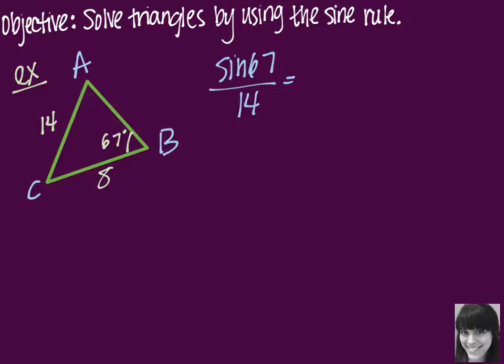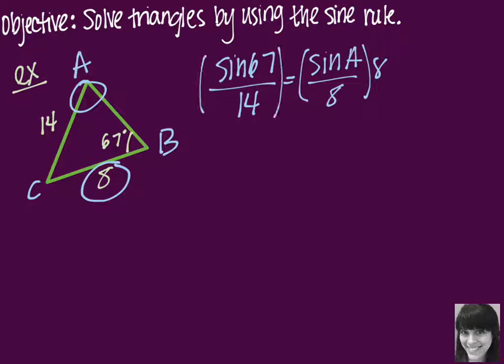We're given the side for A, so we're going to figure out this angle first. So we have sine of A over 8. And then we're going to multiply by 8 on both sides. So we get sine of A equals 8 sine of 67 over 14.